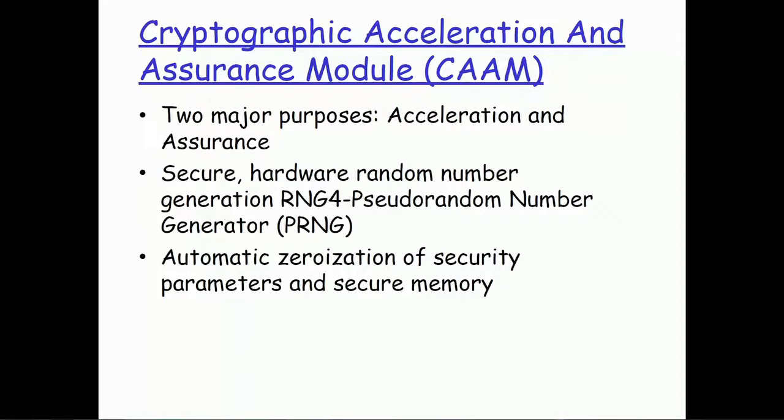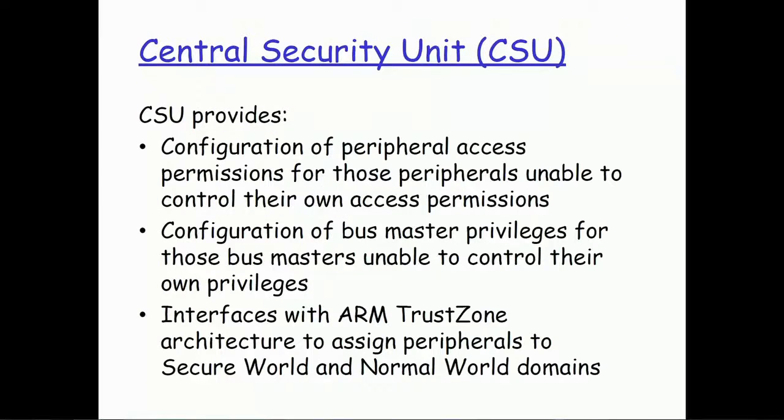Whenever I have to generate a key, this RNG or PRNG piece of my processor is what comes into play to generate the keys, because the source of that, as I mentioned, requires a large random number, and that is where my CAAM comes into play. And then there is automatic zeroization of security parameters in secure memory. Whenever these kinds of unwanted events are triggered, this initiates the clearance of the entire portion, right.